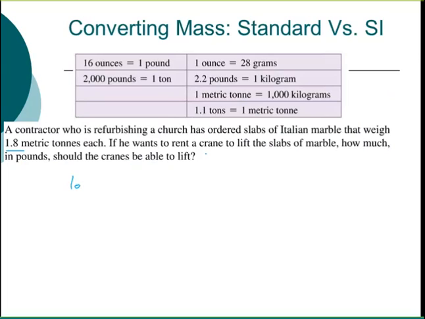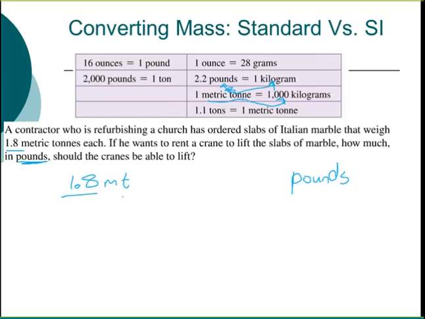So we've got 1.8 metric tons, and put MT for metric tons. And then how much in pounds? So we want to get to pounds eventually. So over here we've got to have pounds. So metric tons gets us to kilograms, and kilograms gets us to pounds if we're looking at the chart here.